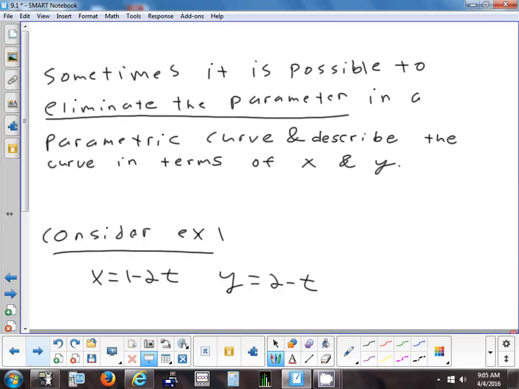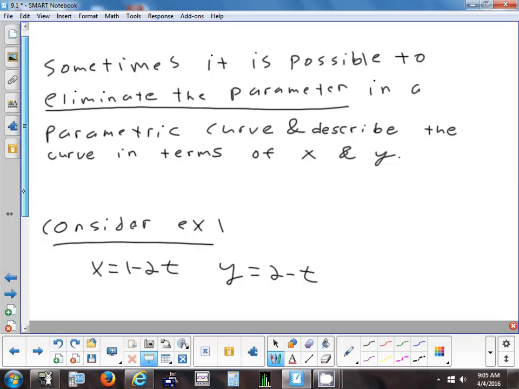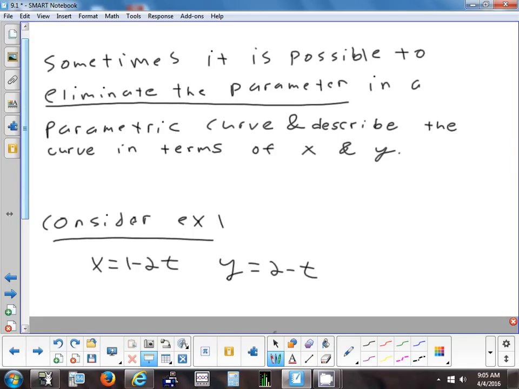We're going to take our first example and try getting rid of t, changing it back to function notation. This is called eliminating the parameter. We're getting rid of t.